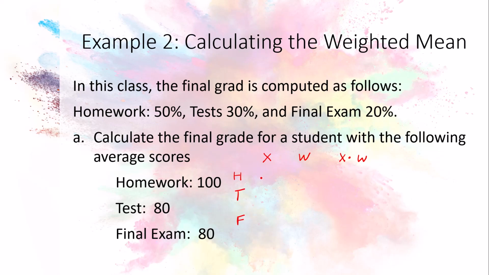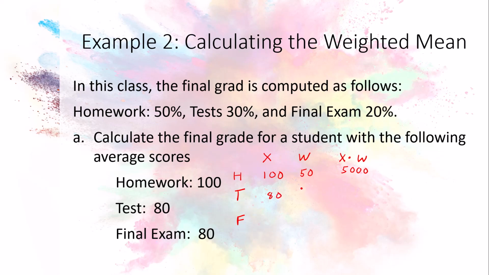Now in our homework, we have 100, that's our data value. The weight associated with homework is 50%, so I'm just going to put in 50. We could put in the decimal equivalent, but there's no reason why we would have to. And then finally, the product of those two is going to be 5,000. Now for my test, I got an 80, my test average.